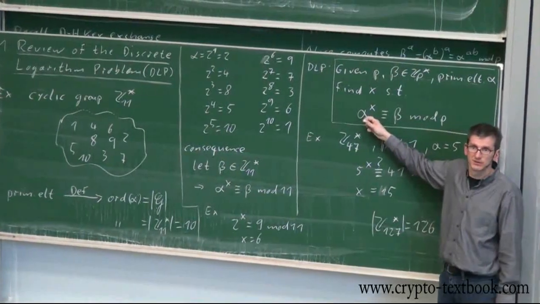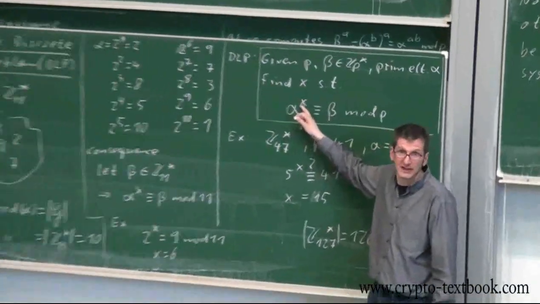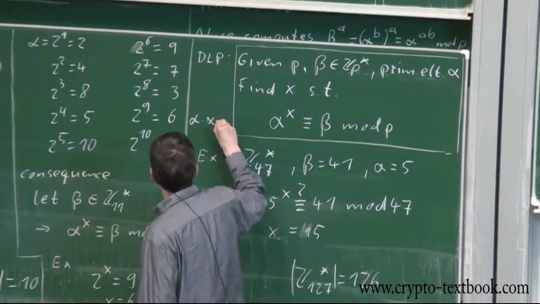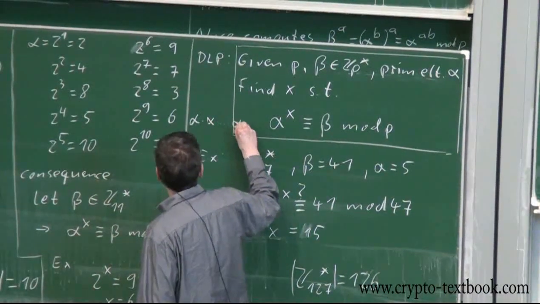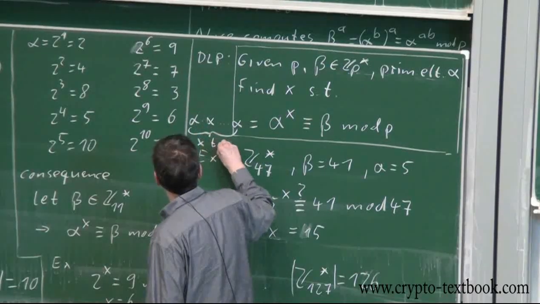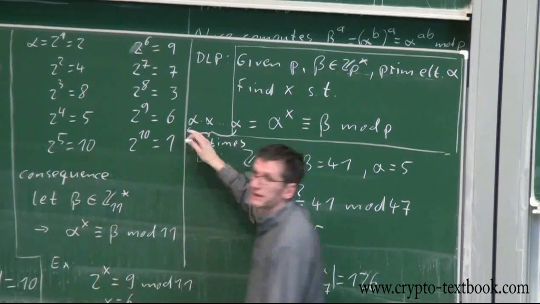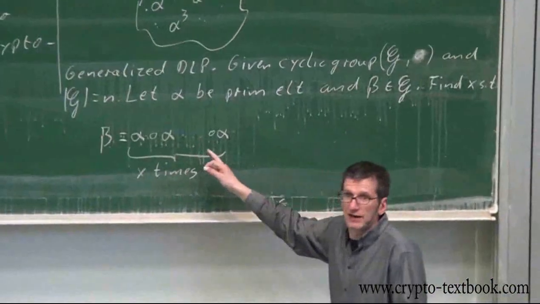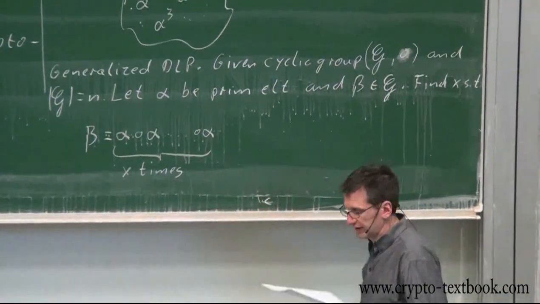If I write alpha to the x, what this really is, is alpha times alpha times alpha, x times. Just right now, I don't want to say whether it's multiplicative or additive.